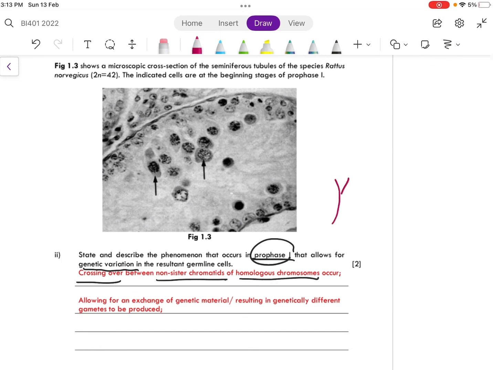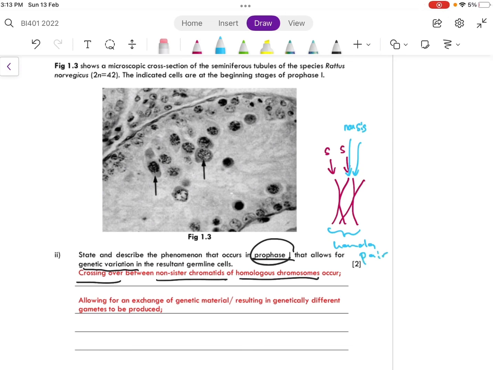So I just want to reiterate. Here I have two chromosomes. These two are sisters to each other. However, these two are non-sisters, of homologous chromosomes. This is a homologous pair of chromosomes.